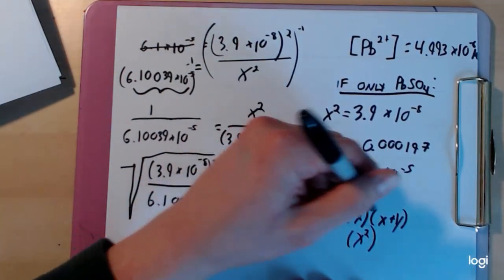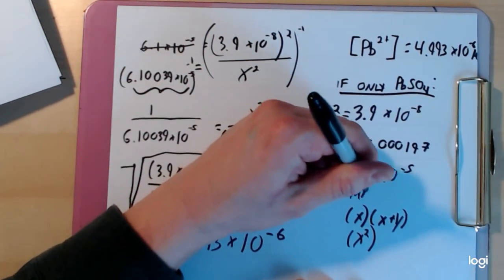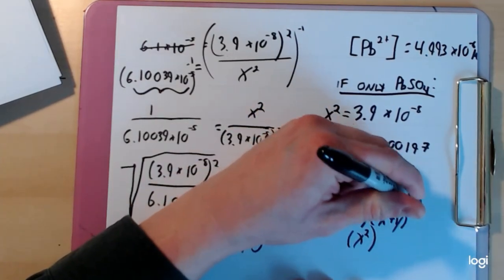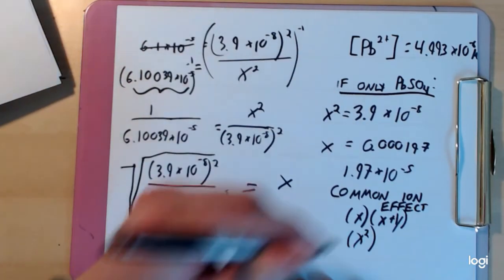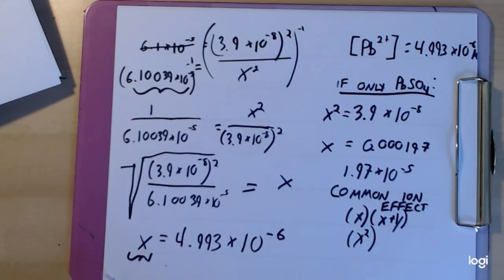So this is the common ion effect. The common ion effect reduces the solubility of the counterpart of the shared ion.